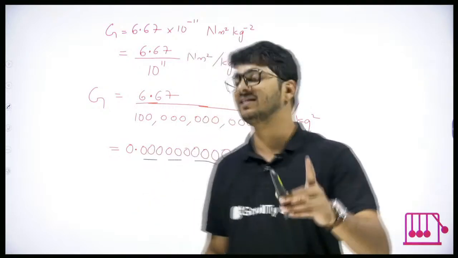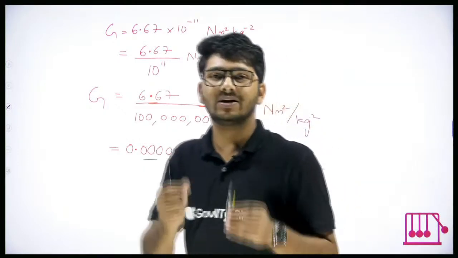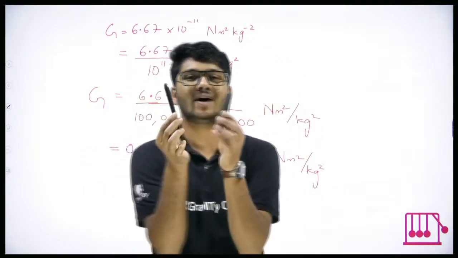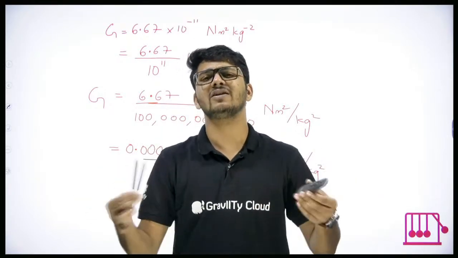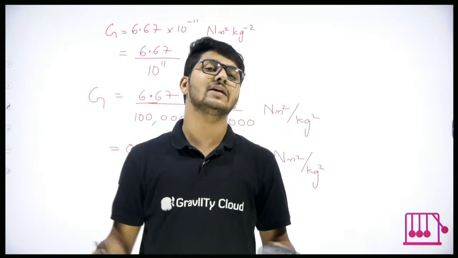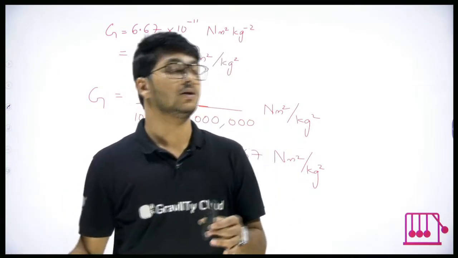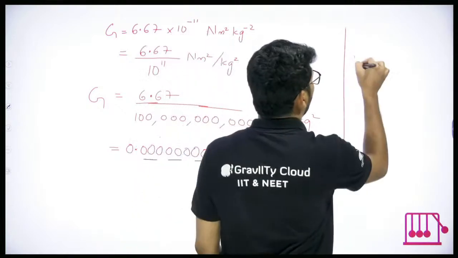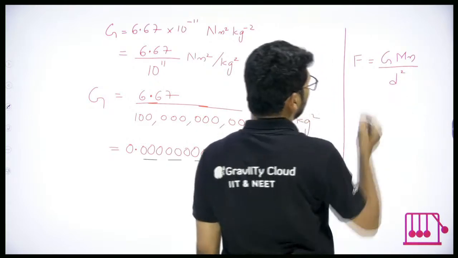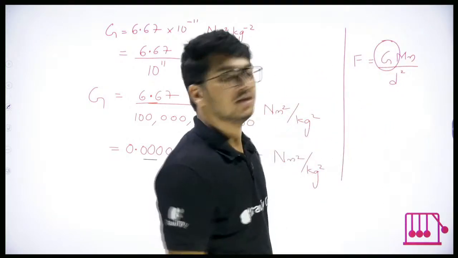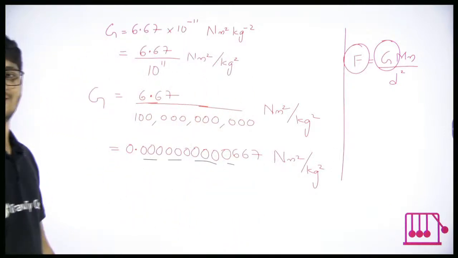The answer lies in the value of this capital G. The value itself is so small that if the mass of the object is small, the gravitational force will be very, very small, and we can't feel it. Because ultimately, what is gravitational force? The formula is capital G, capital M, small m upon d square. So if capital G is small, then automatically the force will be small. That is the reason.